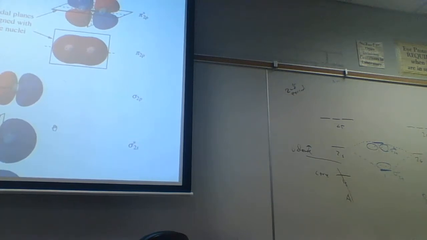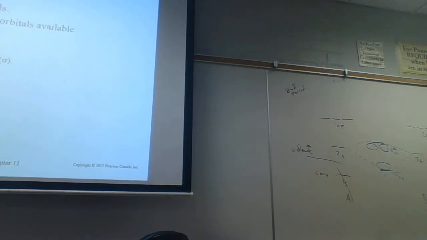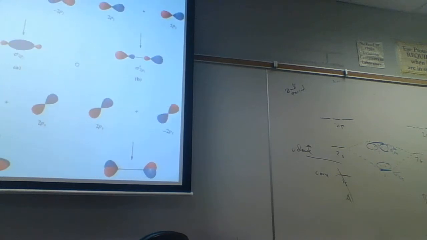Okay, let's look at the next orbital here. The next orbital is going to be the sigma 2p. Take a look at that. The way the sigma 2p forms is like this. Look at this one here. Normally we call this a px, but they call it pz. We'll just call it pz here.